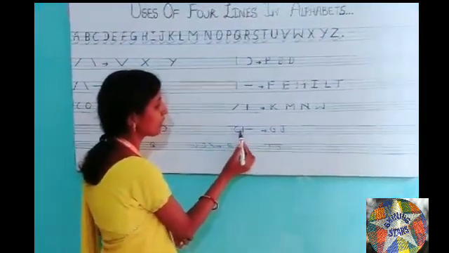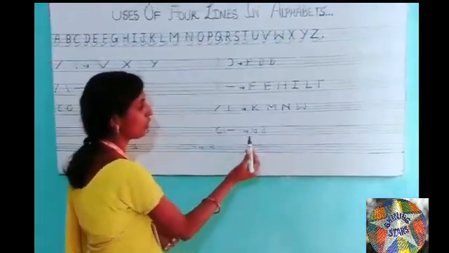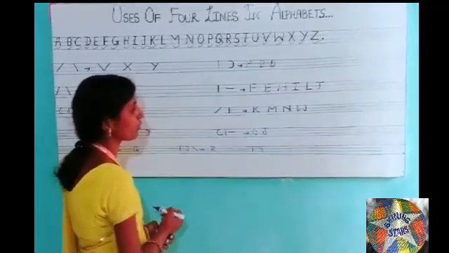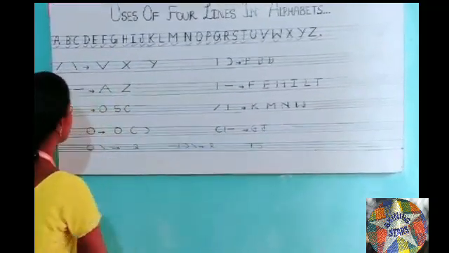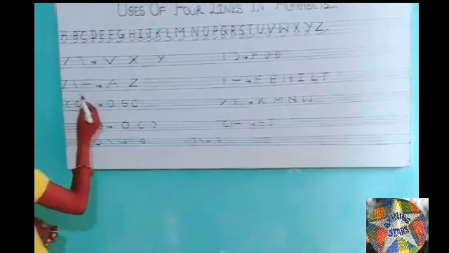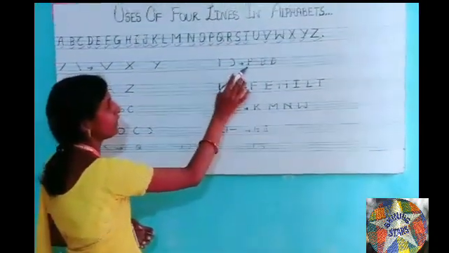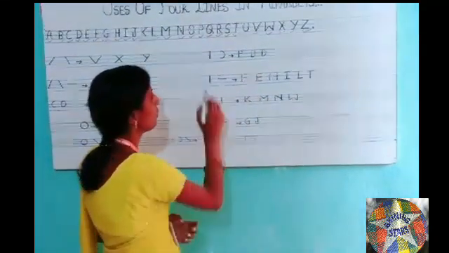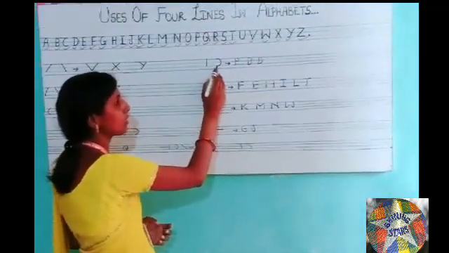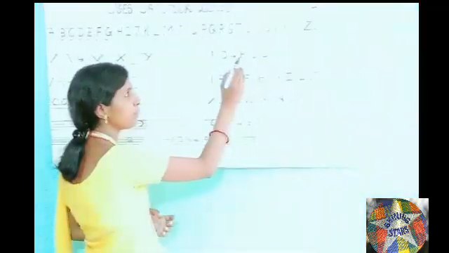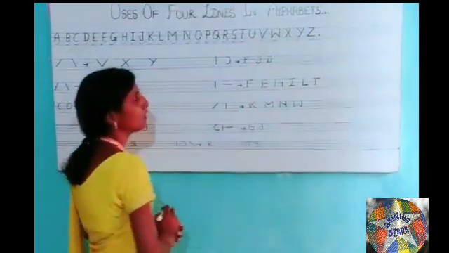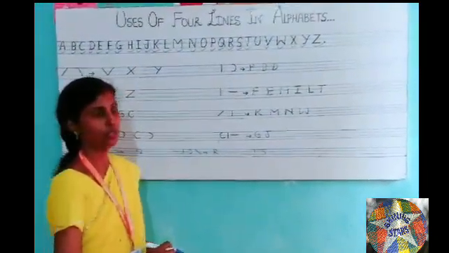It is a semicircle and it is a standing line. Is there any other letter with a semicircle and standing line? No. Look here. We have done P, B and D. With a standing line and semicircle, if we can make P, B and D, then we can make U also.